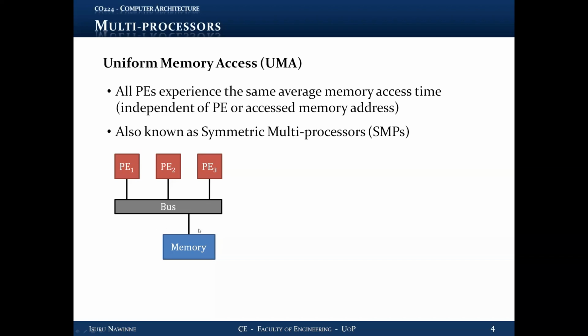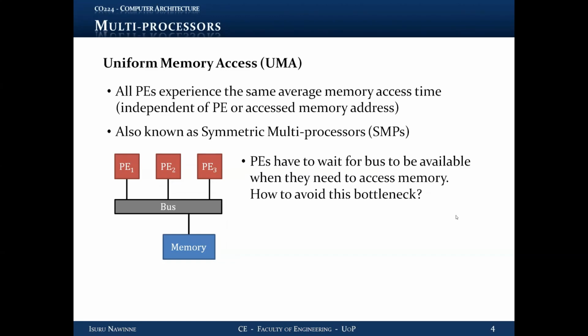So the shared memory appears in the same way to all three processors in this particular example, or any number of processors available in the system, in general. Such UMA systems are also referred to as symmetric multiprocessors, SMPs. Both these terms are used to refer to the same type of system, a uniform memory access system.